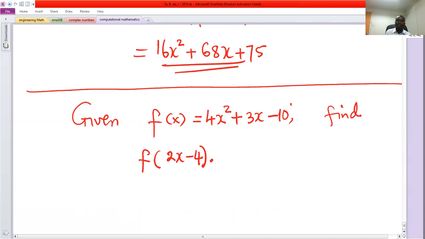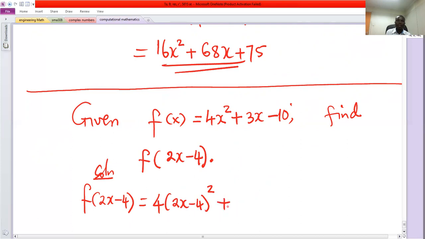So this simply means where there is input x, we put 2x minus 4. So solution, f of 2x minus 4 will be 4 into 2x minus 4 squared plus 3 into 2x minus 4 minus 10.